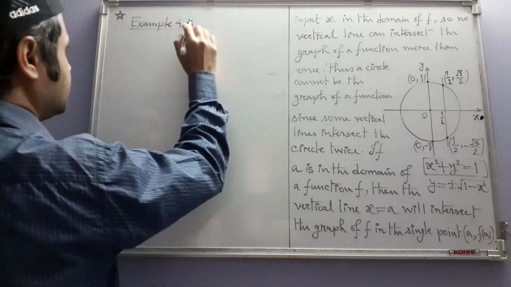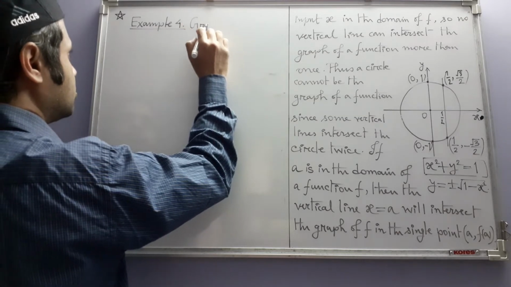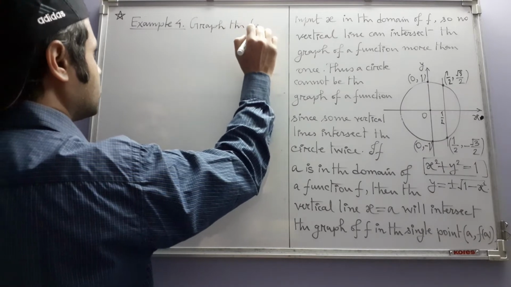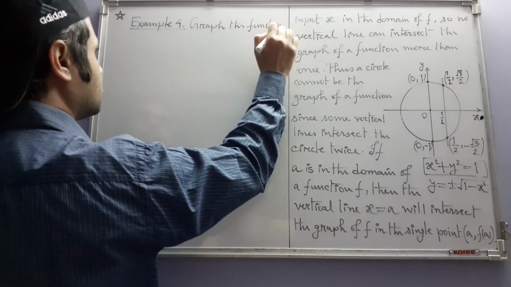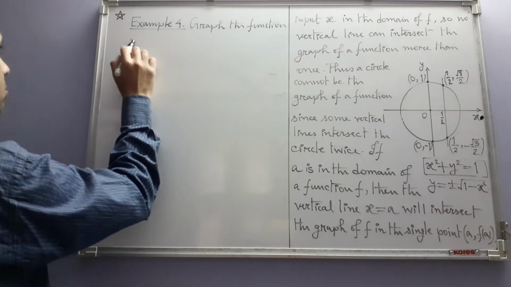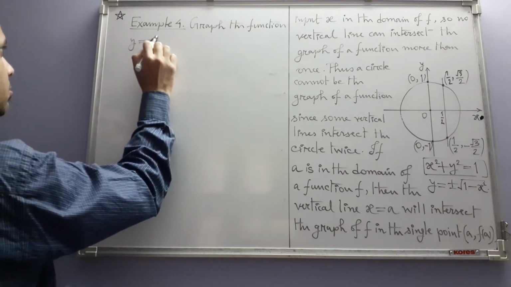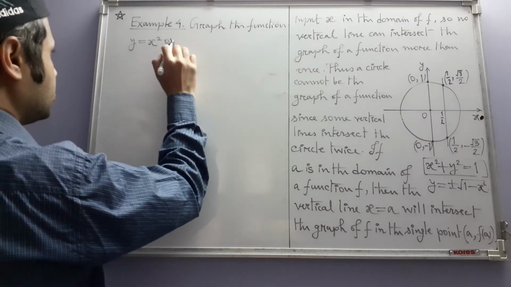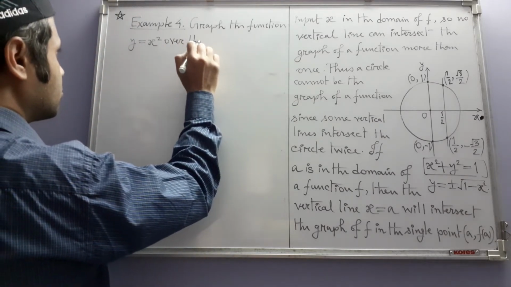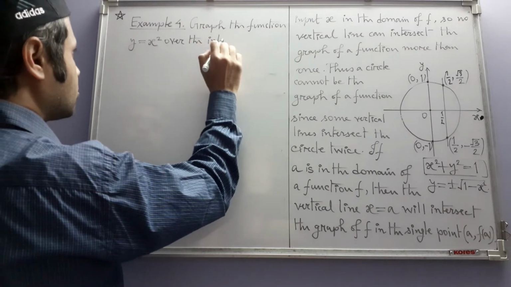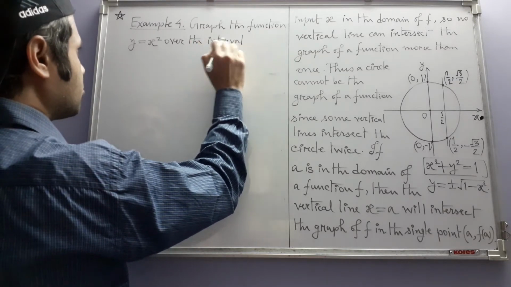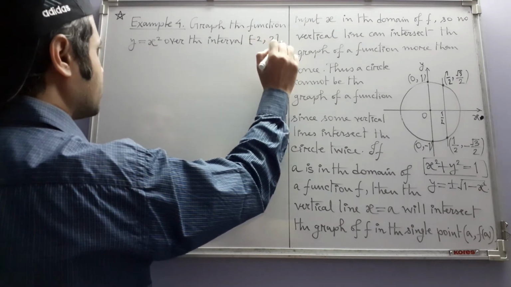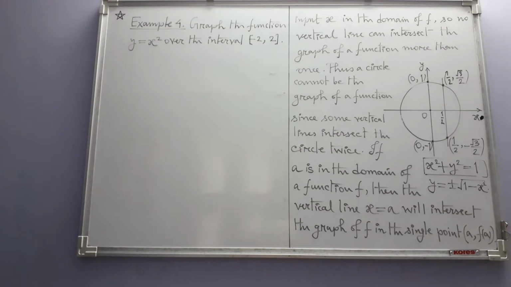Graph the function y equal to x square over this closed interval [-2, 2].